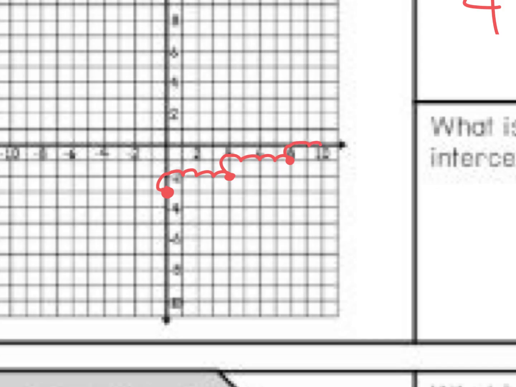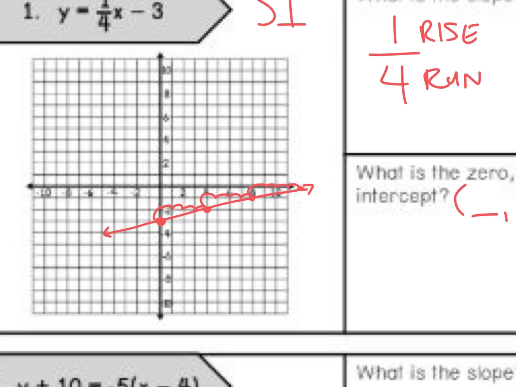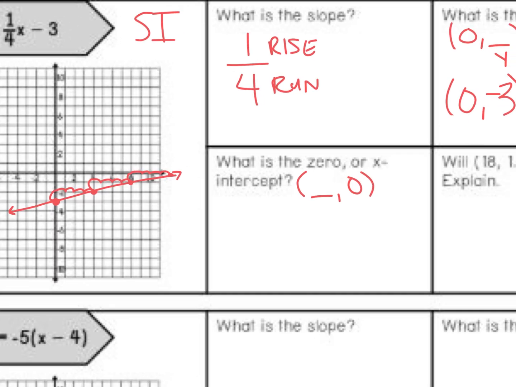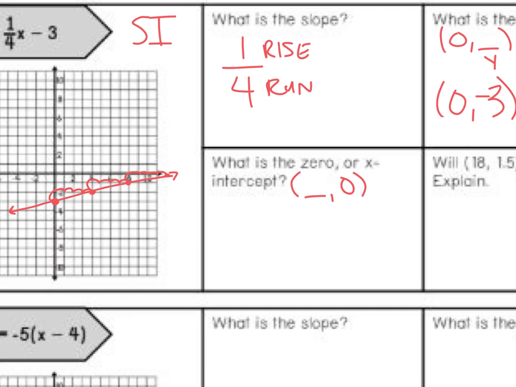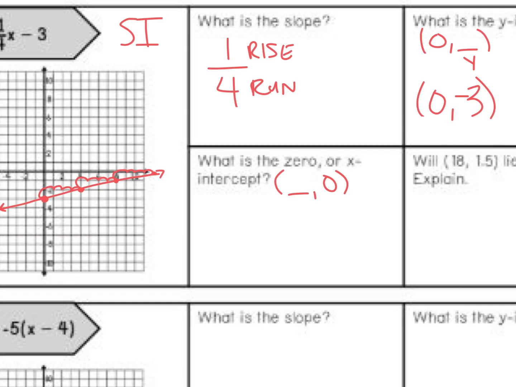Rise 1, 1, 2, 3, 4 if I wanted. So you could use that to find your x-intercept if you wanted. What would you guesstimate that x-intercept to be? About what? 2, 4, 6, 8, 10, maybe 12? I don't know. We'll find out in a minute.